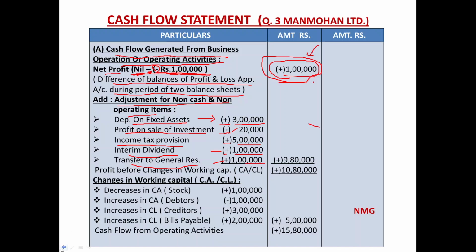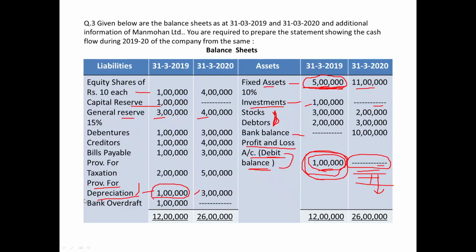Once again, balance sheet verification. After general reserve, another item, 15% debentures. Opening balance 1 lakh, closing balance 3 lakhs. It indicates that there is an issue made in the current year for an amount of rupees 2 lakh. 1 lakh to 3 lakhs, difference is 2 lakh. JE bank account debited to debentures account credited rupees 2 lakh.